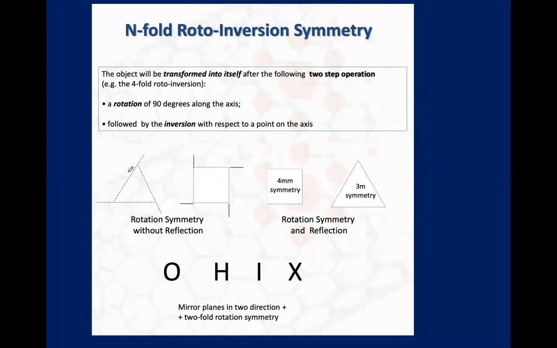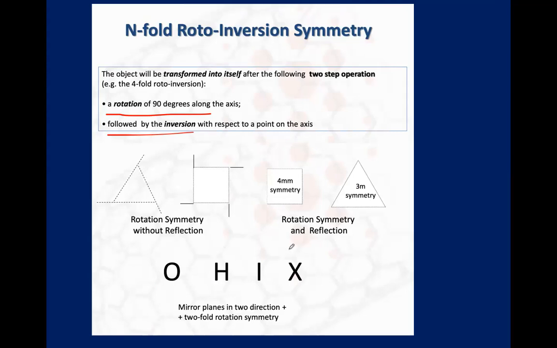So in this case, what you want to do is you just rotate the object, right? For example, 90 degree, you rotate it in a 90 degree, and then you do the inversion. Rotation by 90 degree and then inversion. Okay.